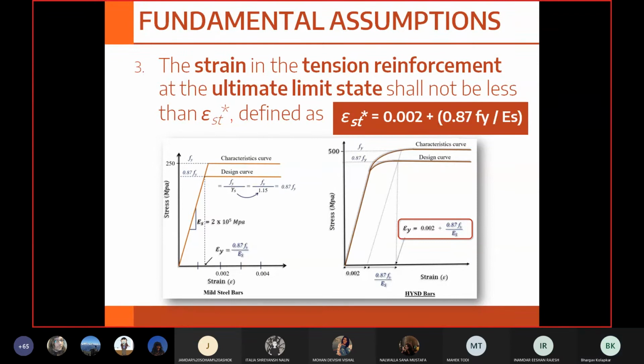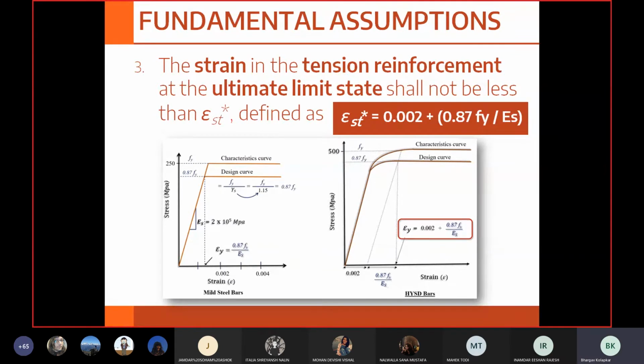Okay. So the purpose of the code is to simplify things and to make it as less parameter dependent as possible. When we are being conservative, it means we're being safe. What we can safely assume is that we can assume the same value of epsilon st star for mild steel as well.